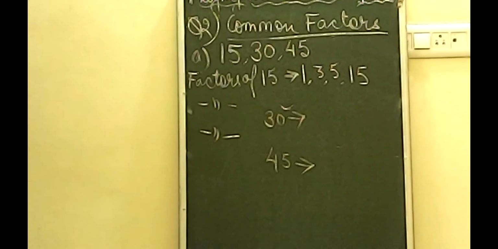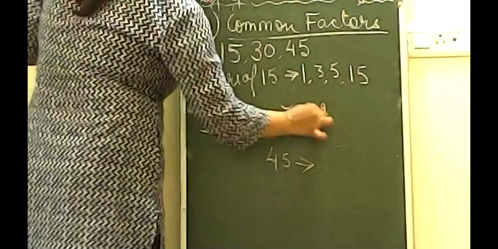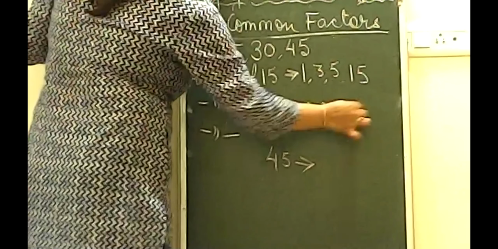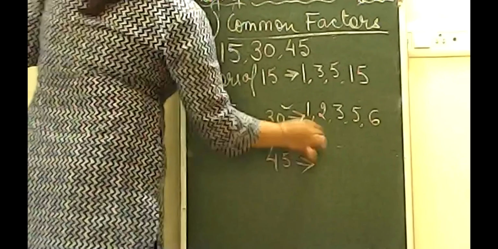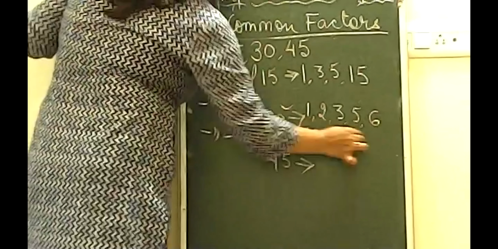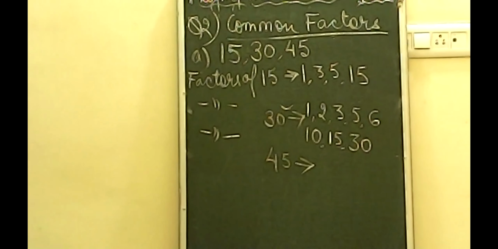Now move on to the factors of 30. The factors of 30 are 1, 2, 3, 5, 6, 10, 15 and 30. Now let us move on to the next step, that is the factors of 45.